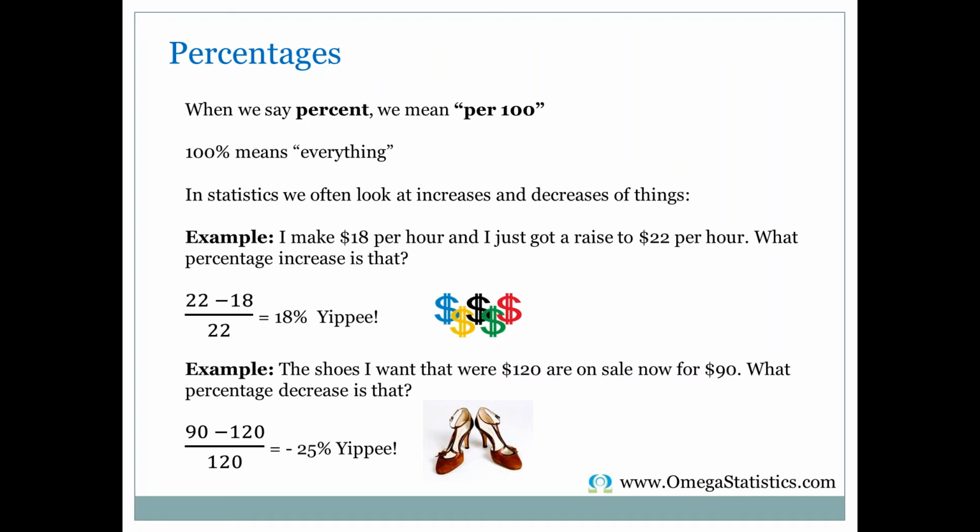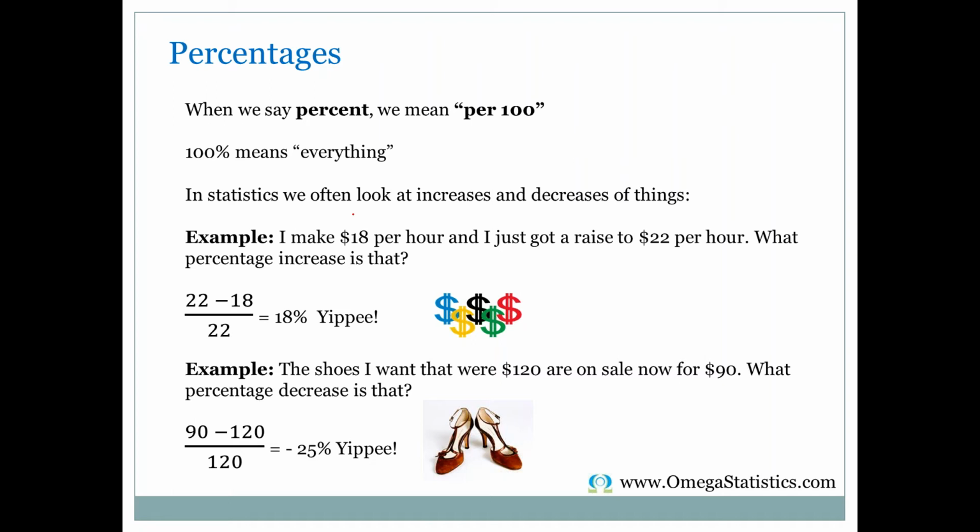Mathematicians, we drive them nuts because they want everything absolute, and they want an exact answer, and they need the algorithm and the formula, and we go, oh, well, we're between 0 and 1. We work with probabilities. We're guessing all the time, and we never have a straight answer for you. If we knew the truth, you wouldn't need a statistician. So that's another webinar for another time. But 100% means everything.